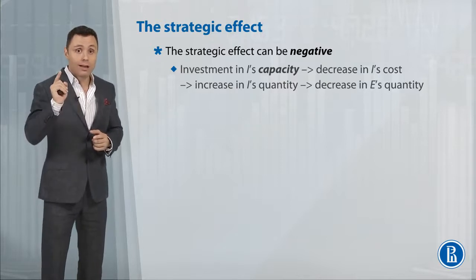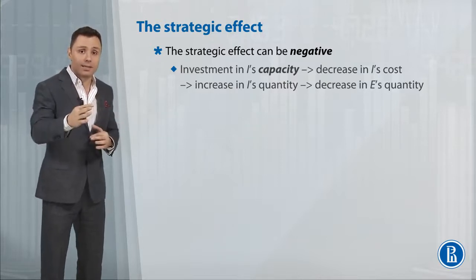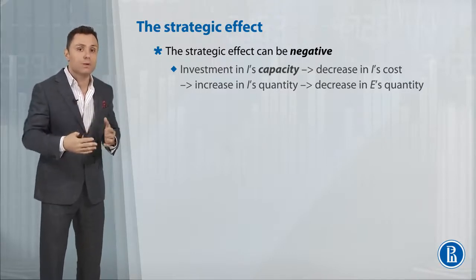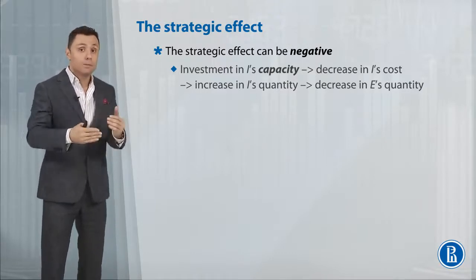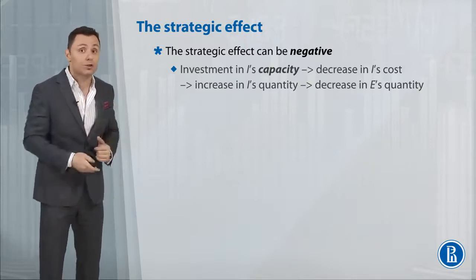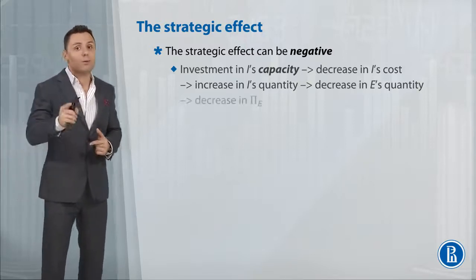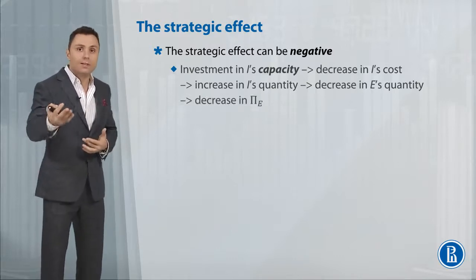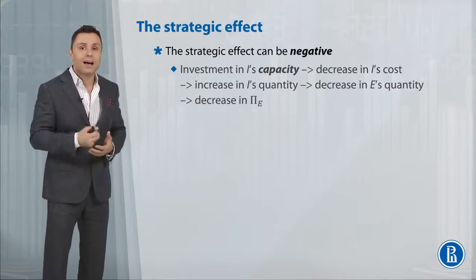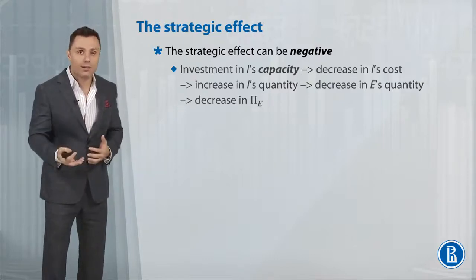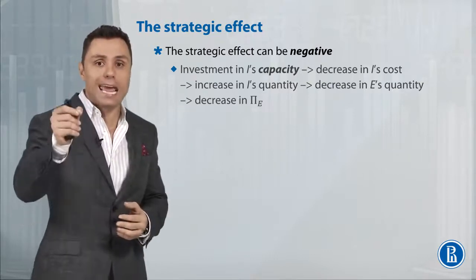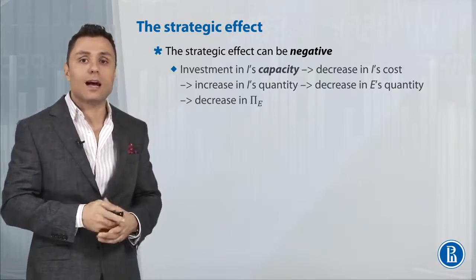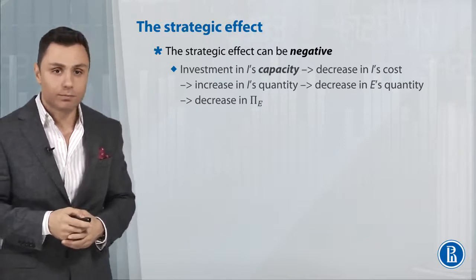So I increase my capacity, I invest in KI, then I decrease my cost, which means that my quantity will go up. This means that the quantity of my opponent is expected to go down, and therefore the profit of my opponent will go down because he'll sell to fewer customers, less quantity, and that is a smaller market share. Okay, so we go from K to PE in this strategic effect that in our case is negative.